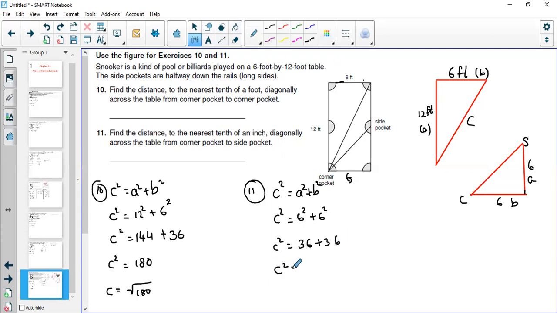So C squared is going to be equal to 72. Again, 72 is not a perfect square, so you leave the diagonal distance as root of 72.